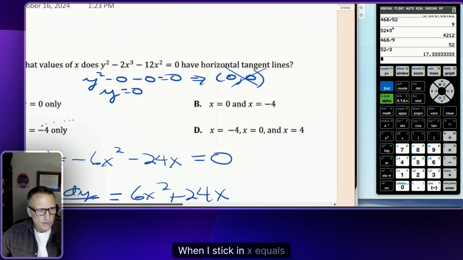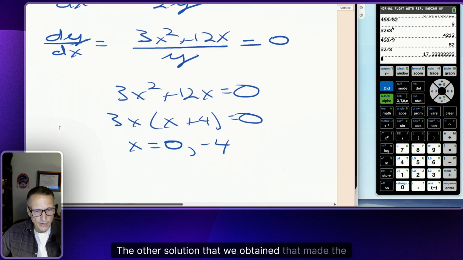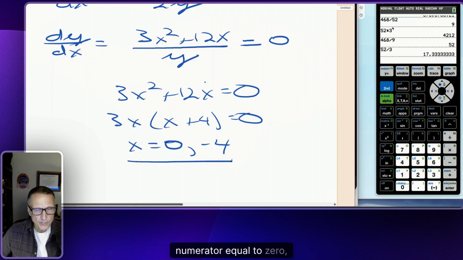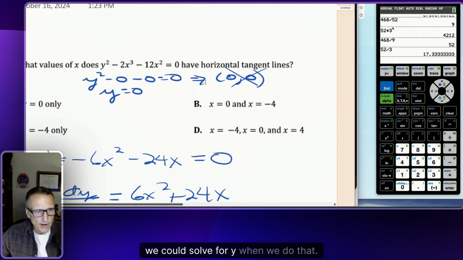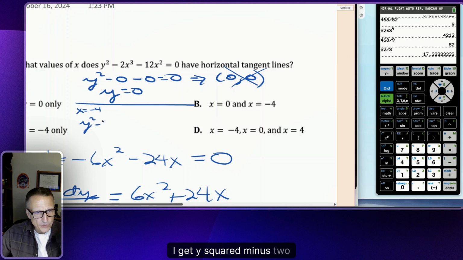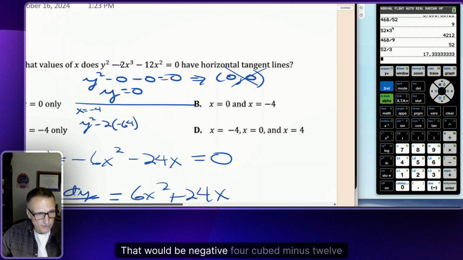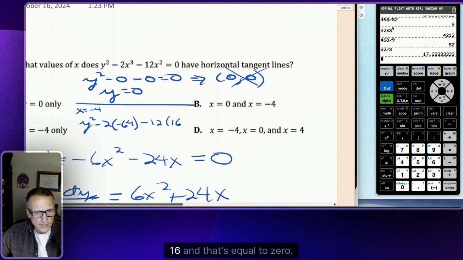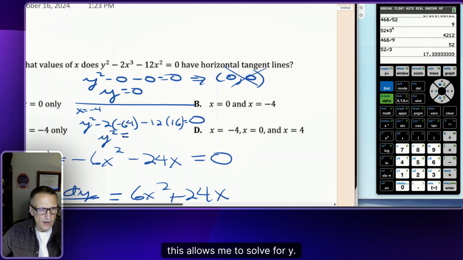When I stick in x equals -4, the other solution that we obtained that made the numerator equal to 0, we could solve for y. So I'm going to let x equal -4. When I do that, I get y squared minus 2 times -64, that would be -4 cubed, minus 12 times 16, and that's equal to 0. Well, this allows me to solve for y.